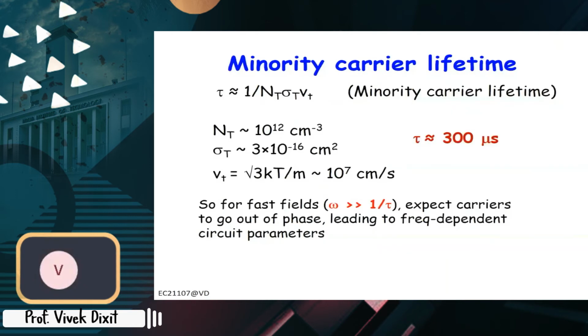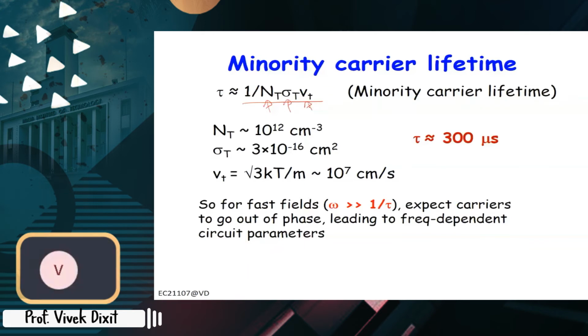So if you want to estimate the minority carrier lifetime, you can refer to the trap model, the SRH, Shockley-Read-Hall recombination model, where we said that due to the trap level, the carrier lifetime is 1 over N_t sigma_t v_t, where N_t is the trap concentration, sigma_t is the capture cross section of the trap, and v_t is the thermal velocity.